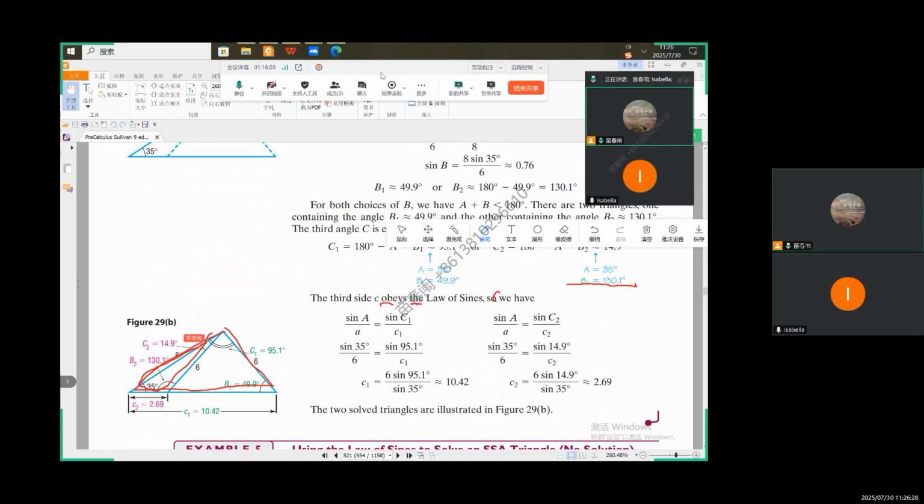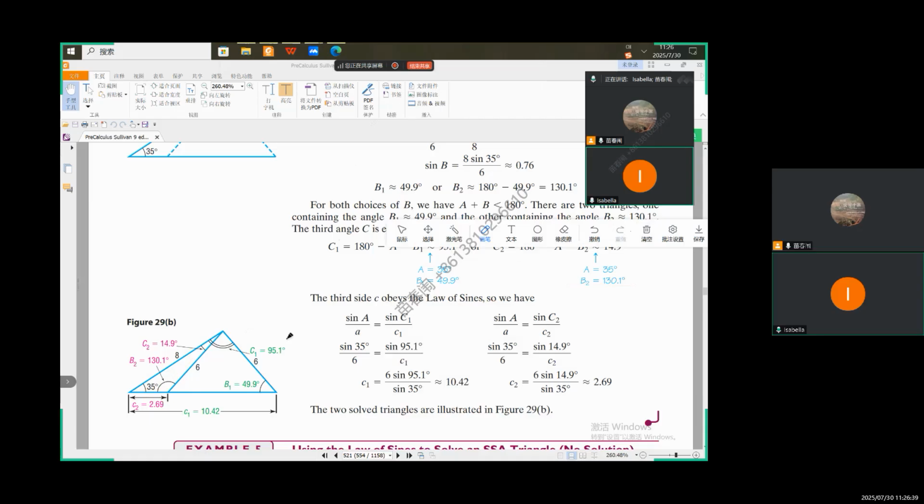Both of them can be drawn, so both are possibilities, and we don't have enough information to eliminate either one of them. So we keep both. Because they have different shapes, you have different C. This is one smaller C, this is one greater C. That one is longer.